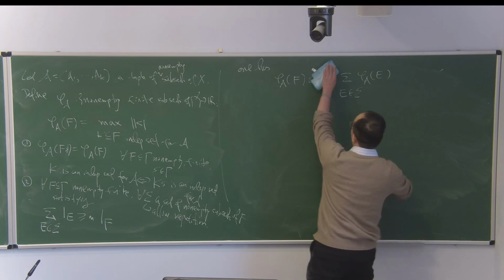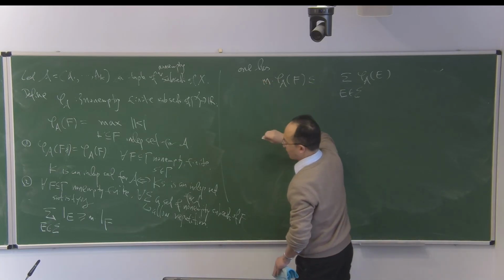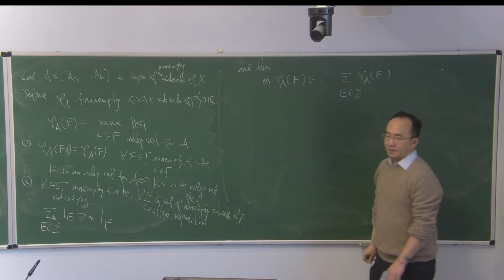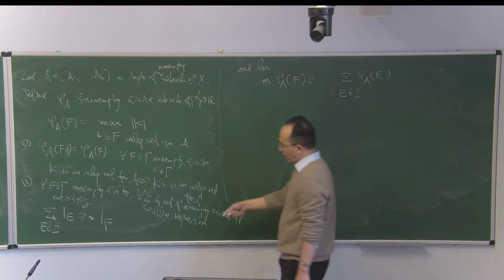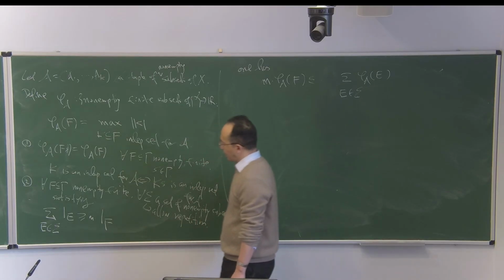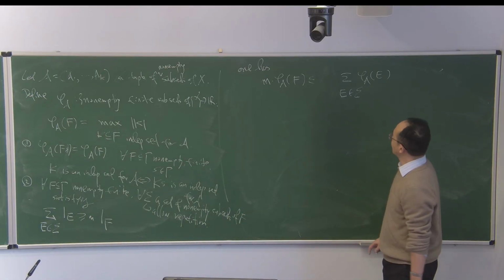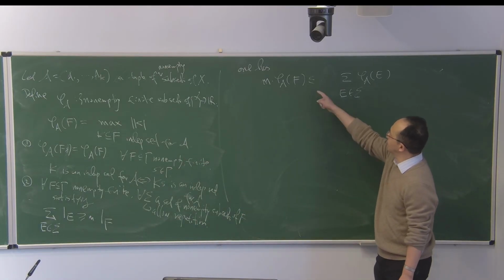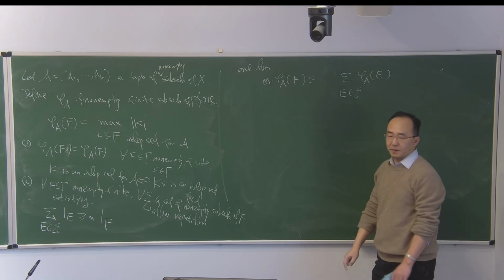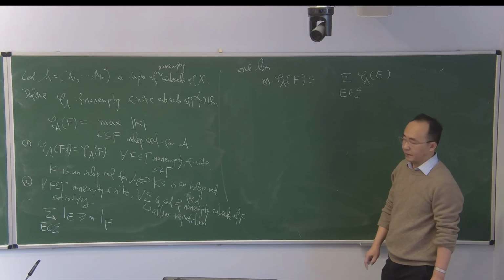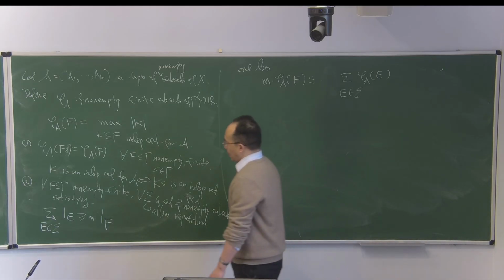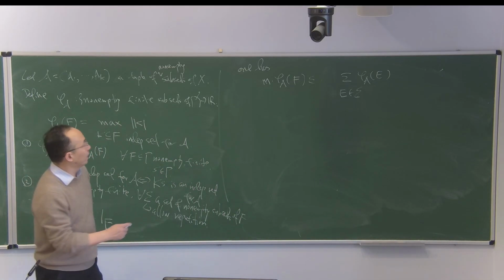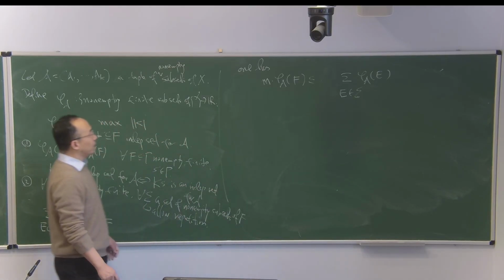Or you can just write it this way, probably better. So if they cover every point of F m many times, when you take the value here, it's also at least the value of F multiplied by m.